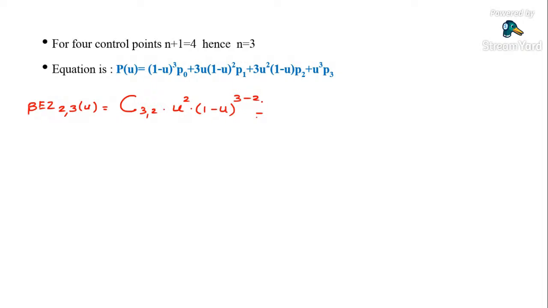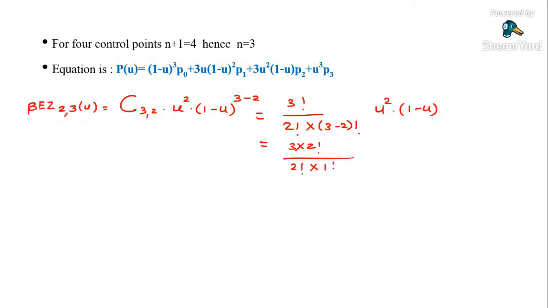So the answer is 3 factorial divided by 2 factorial into 3 minus 2 factorial, into u square times 1 minus u. You can simplify this as 3 into 2 factorial divided by 2 factorial into 1 factorial, u square times 1 minus u. So the answer is 3u square times 1 minus u.